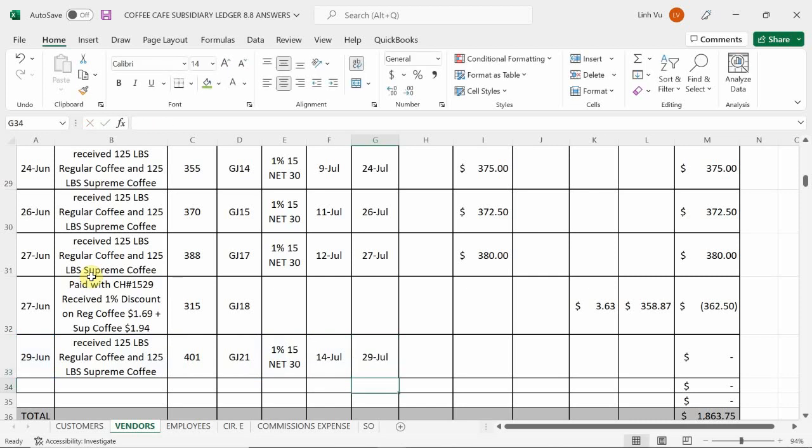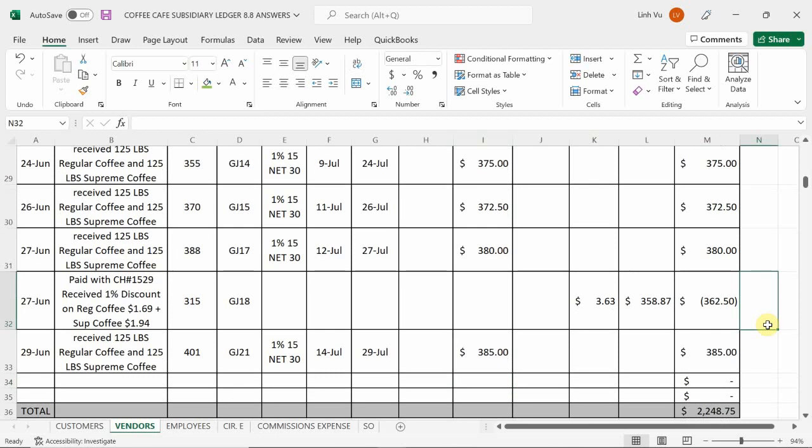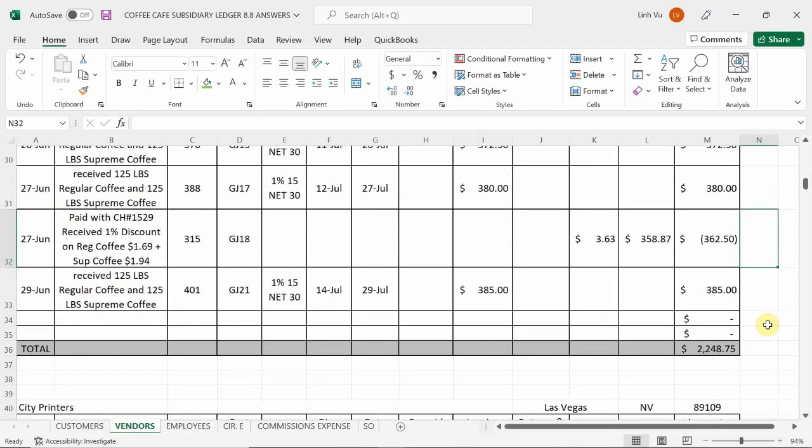If not, the entire bill is due on the 29th of July for $385. Whoops, not under here. Under invoice 385. Okay. So once again, now, even though you paid one bill off, you still owe $2,248.75.